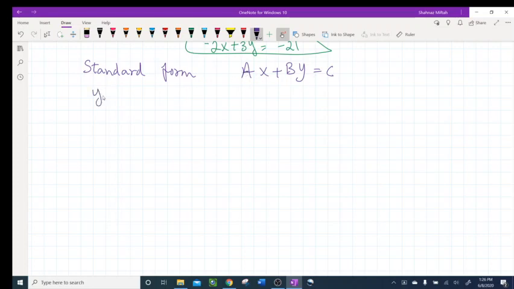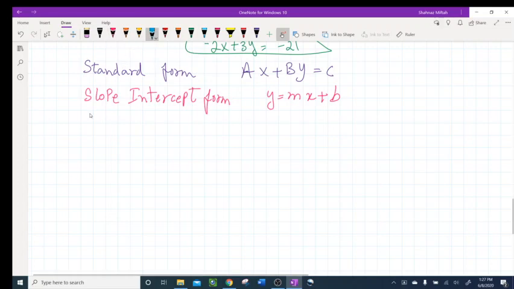Slope-intercept form, it's just a summary of whatever we just did, is y equals mx plus b. This b is the y-intercept. Then we have point slope form. This is y minus y1 equals m times (x minus x1).